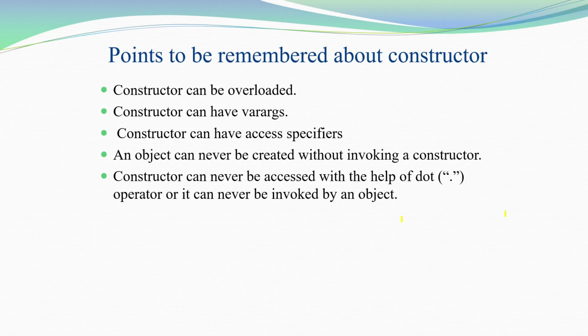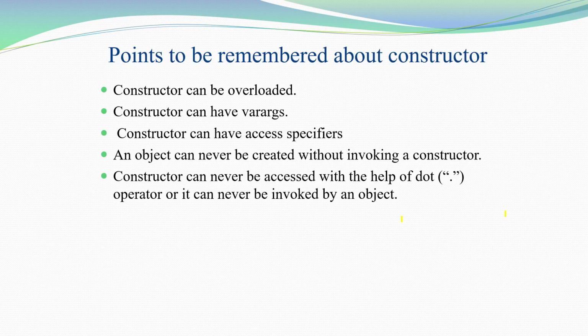Constructors can have access specifiers. It means that constructors can have public, private, default, or protected access specifiers. And an object can never be created without invoking a constructor, because we create an object with the help of the new keyword.